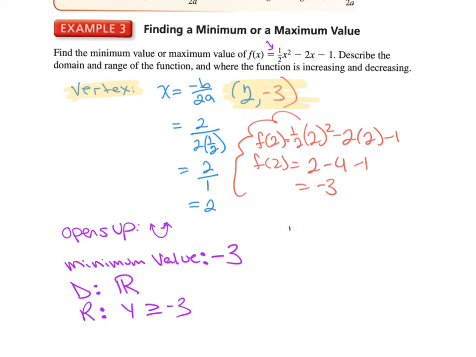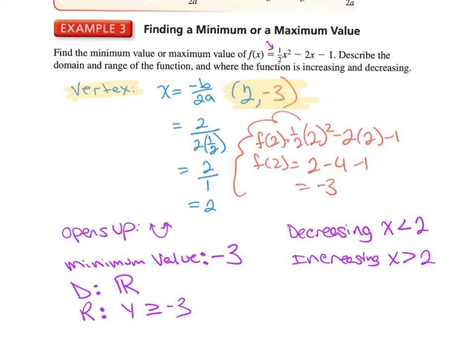We are decreasing when x is less than 2, so to the left, and it is increasing when x is greater than 2, to the right. Again, think about opening up. It's decreasing until this x value, and then it increases again. When x is less than 2, that's the left-hand side, it is decreasing, and then it's increasing.